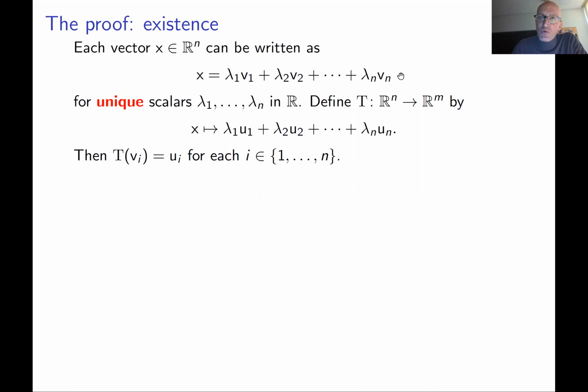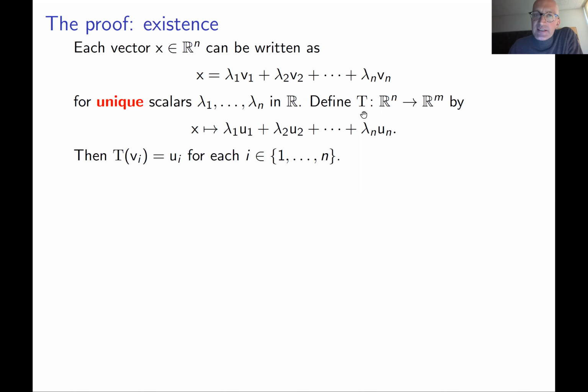So here we crucially use the condition that v1, ..., vn form a basis. So we can write x as a linear combination of them in a unique way. There are unique numbers lambda 1, ..., lambda n such that x is this linear combination.